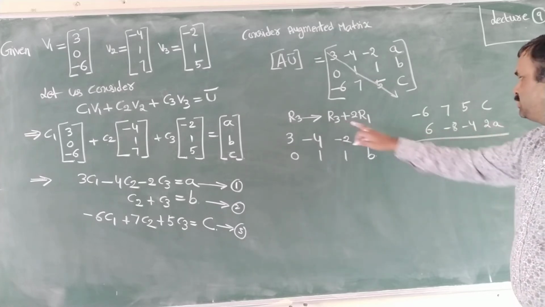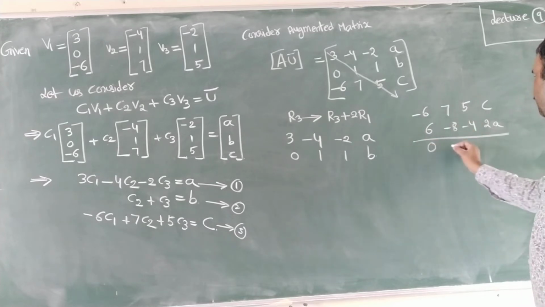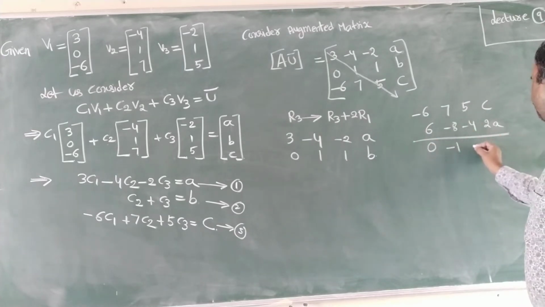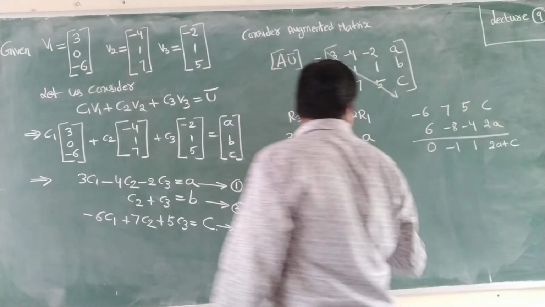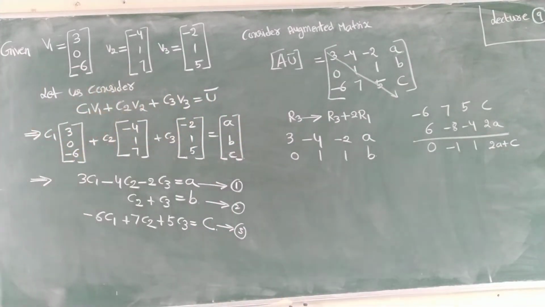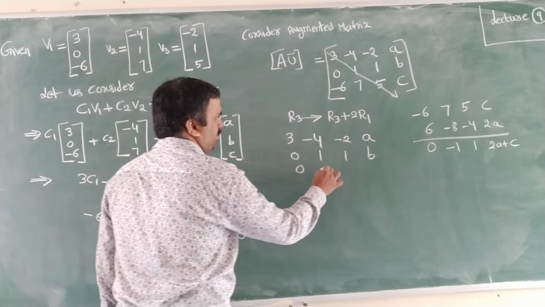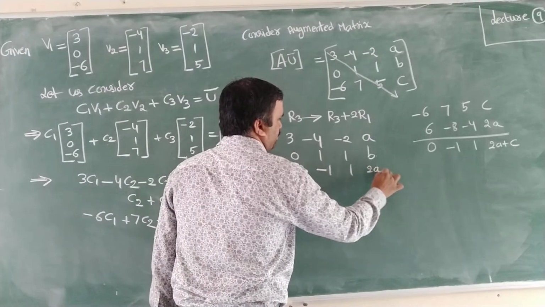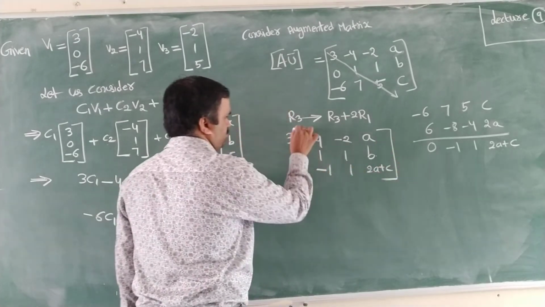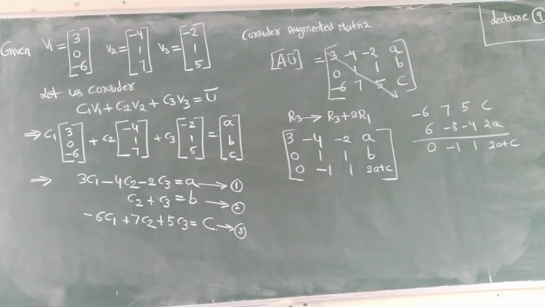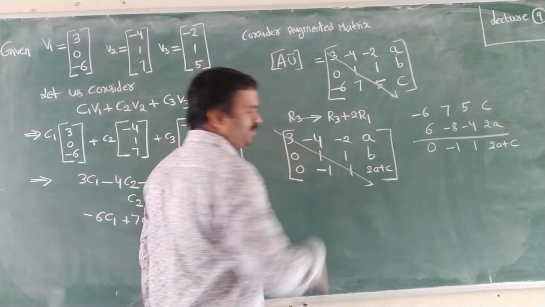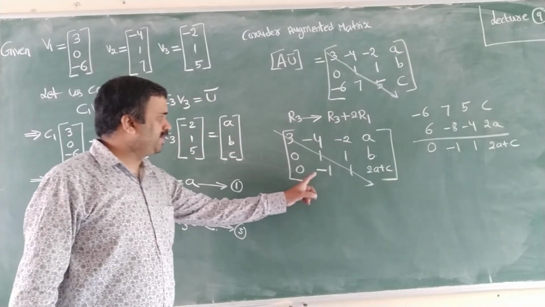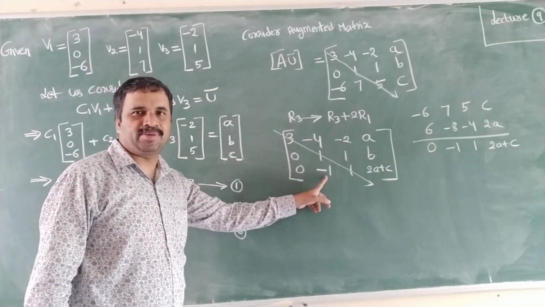Adding, we get 0, 7 minus 8 equals -1, 5 minus 4 equals 1, and 2A plus C. So the third row is 0, -1, 1, 2A plus C. Now I have to make the second column's last element 0 as well.